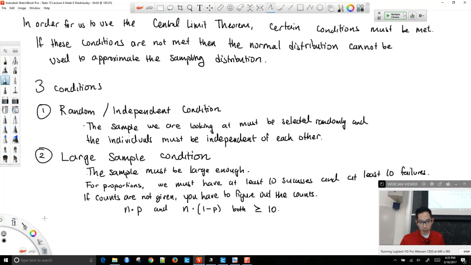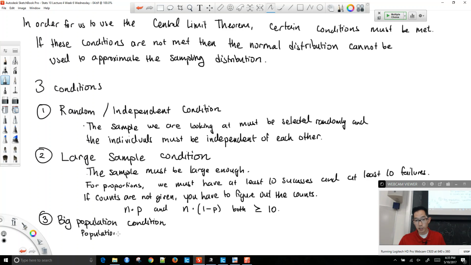All right, and the last condition is the big population condition. The big population condition says that the population must be big compared to your sample.